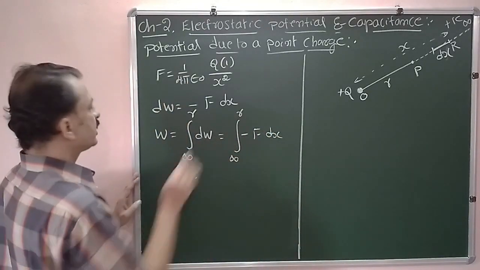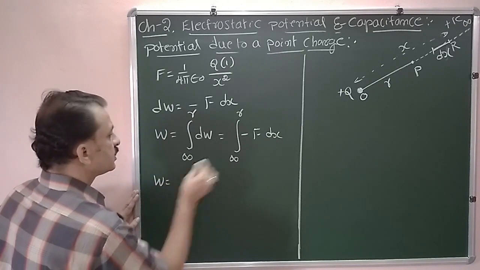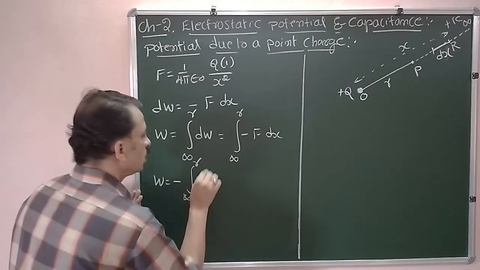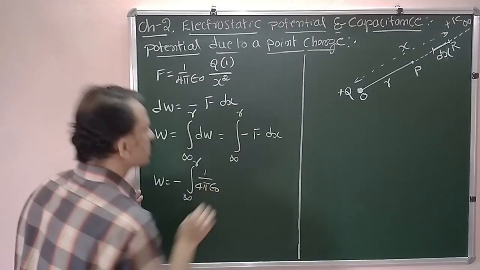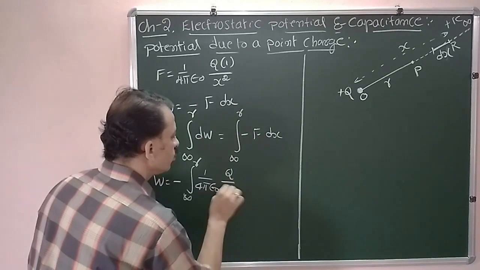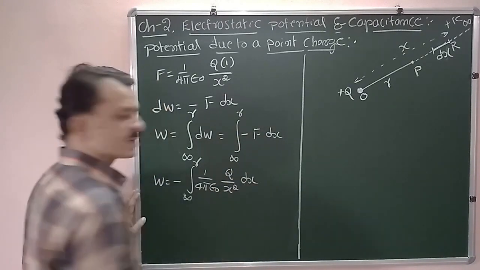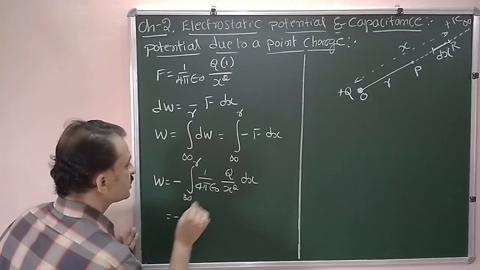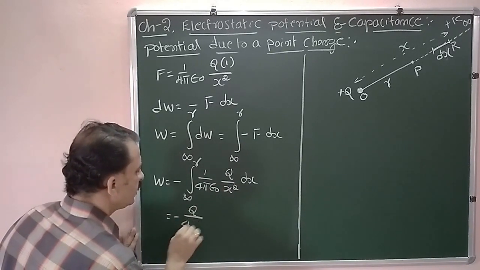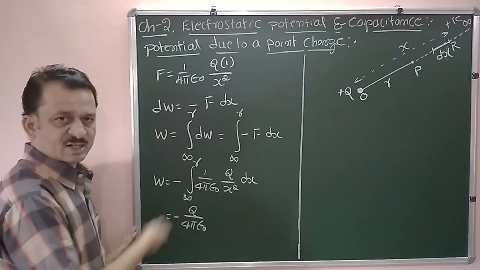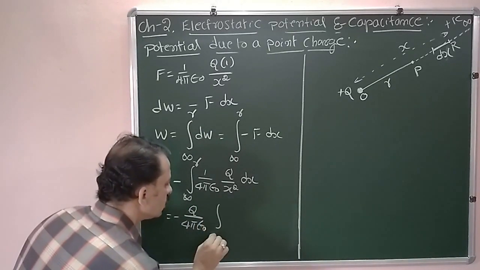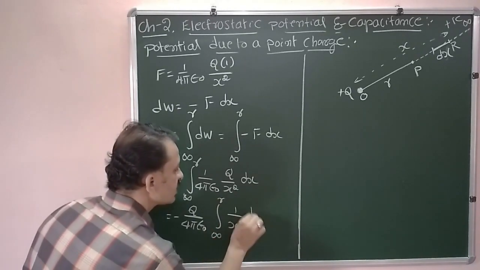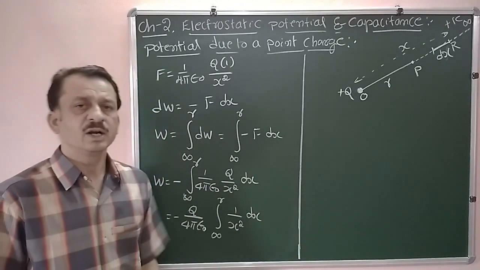Now substitute for F. Let me take the minus sign outside: integral from infinity to R of 1 divided by 4 pi epsilon naught into Q by x square into dx. Taking out the constant term Q divided by 4 pi epsilon naught, now we have the integral from infinity to R of 1 by x square with respect to dx.